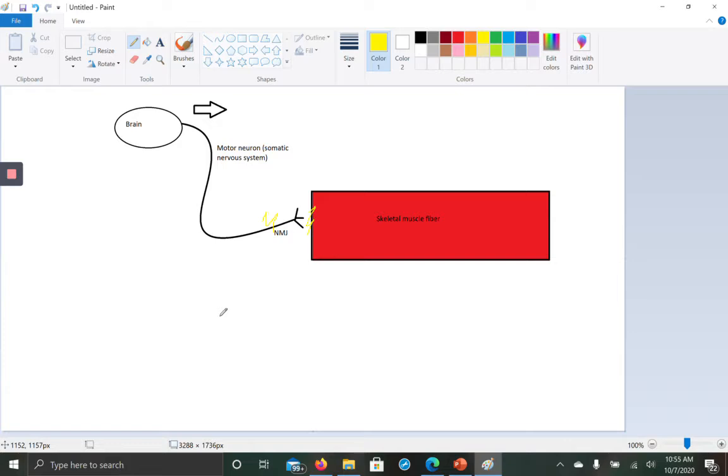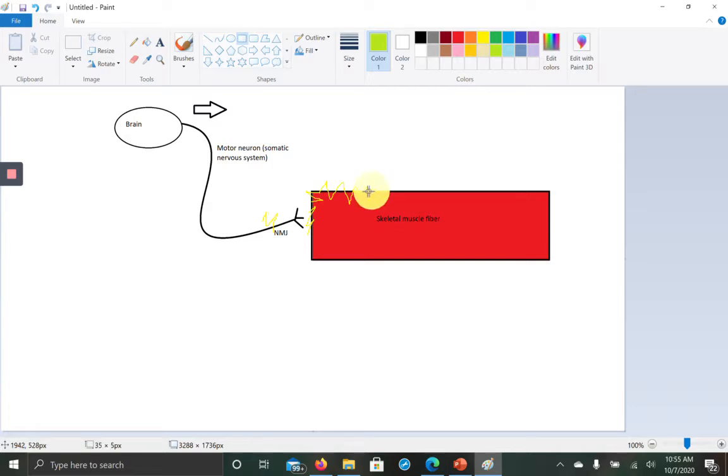And remember what the sarcolemma is attached to. The sarcolemma is attached to T-tubules. So that electrical signal is going to jump onto the sarcolemma, and it's going to travel along the sarcolemma until it reaches a T-tubule.